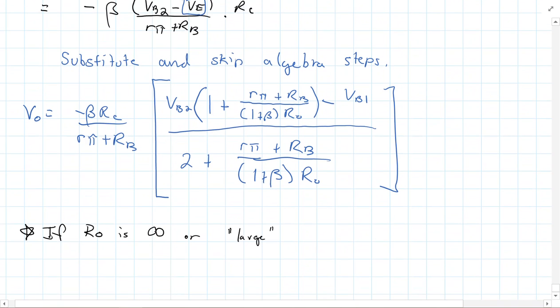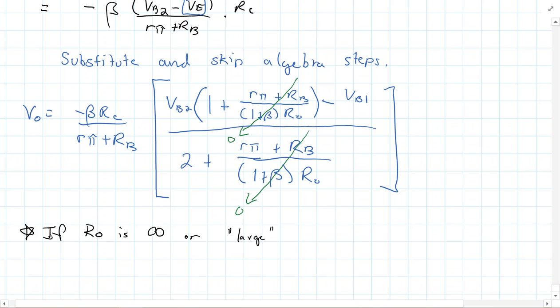Let's see what would happen. If this is big, that means this term is going to go to 0. This term would also go to 0.